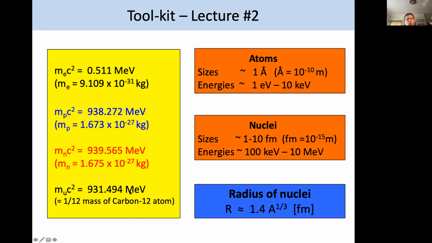Then what we define as an atomic mass unit, just picking carbon-12 somewhat arbitrarily to be the standard, is about 7.5 MeV average binding energy down from the bare mass. Atomic nuclei tend to be on the order of several Fermis in radius, again 4 orders of magnitude smaller than an atom.